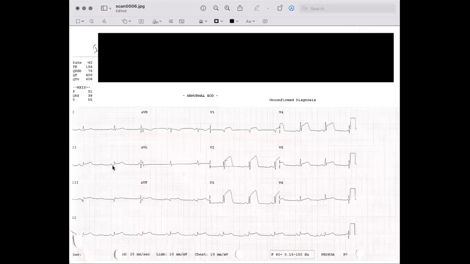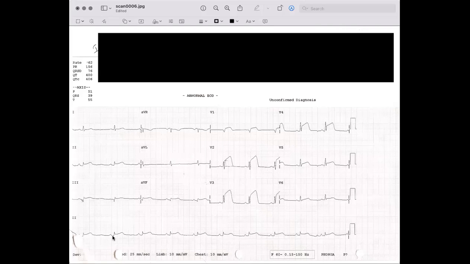So 5 by 40 milliseconds, 200 milliseconds. Here it's not really clear, but if you go here, 1, 2, 3, 4, 4.5, so about 180 milliseconds. So you don't have a first degree AV block, and you don't have pre-excitation. Good.